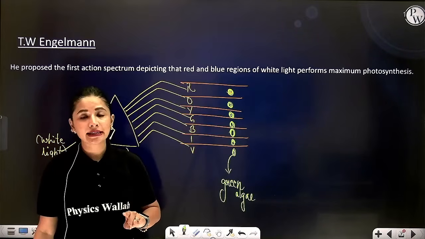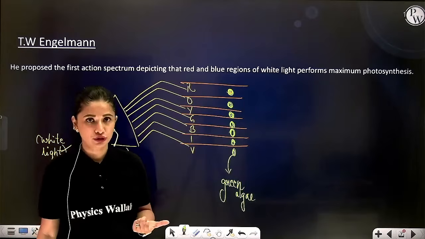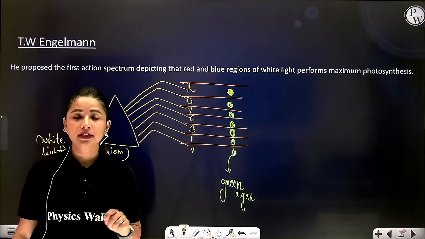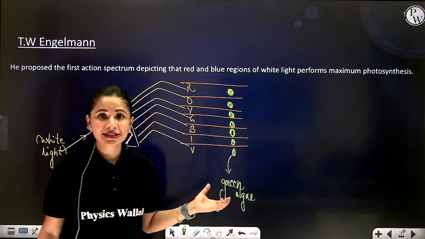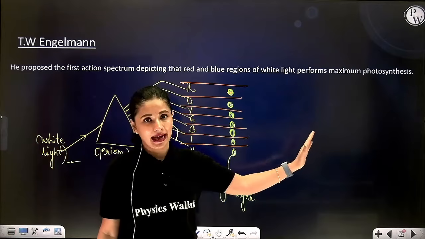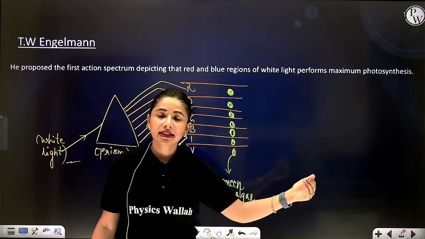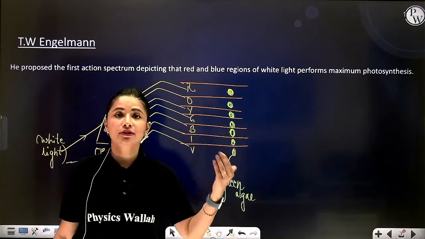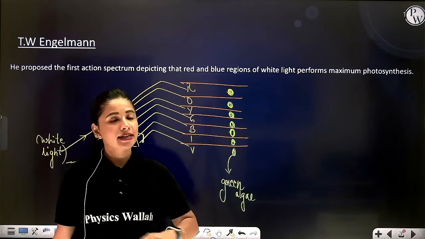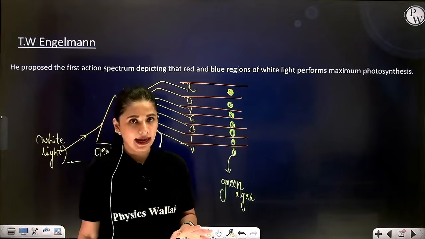By calculating the rate of oxygen evolution. Correct? Now the rate of oxygen evolution we can detect only by growing some oxygen-seeking, aerobic bacteria in front of these green algae, because aerobic bacteria will flourish only in those regions which are richly supplied with oxygen. Otherwise aerobic bacteria will die.